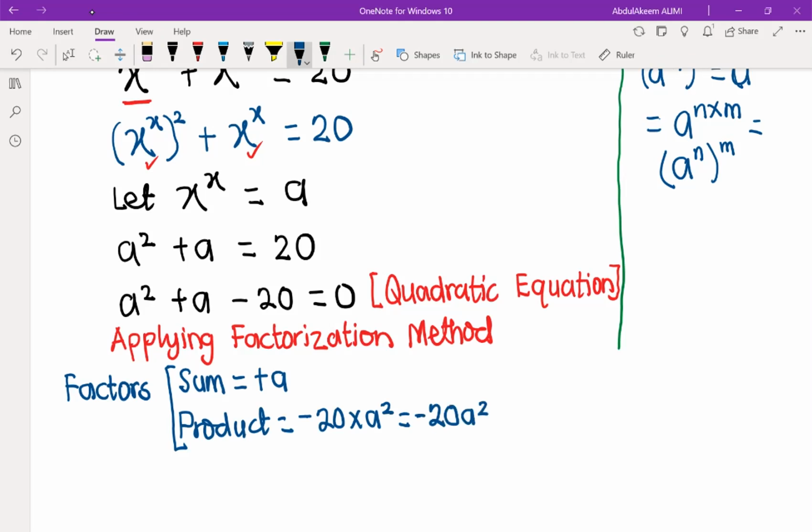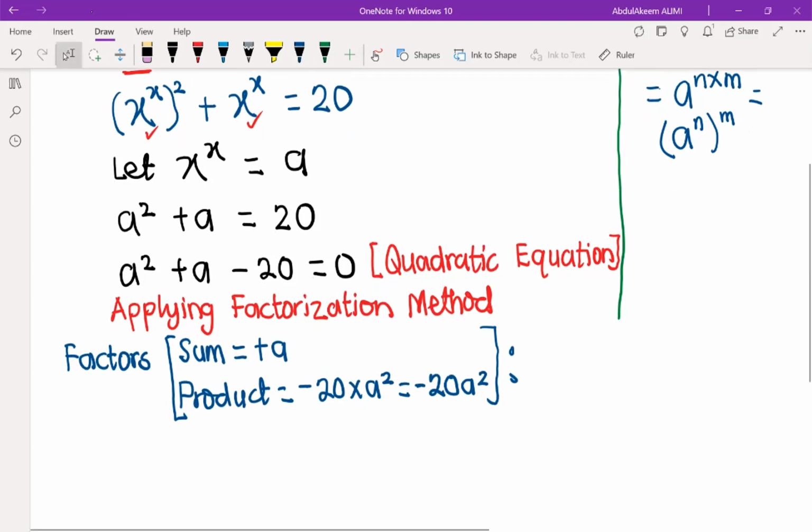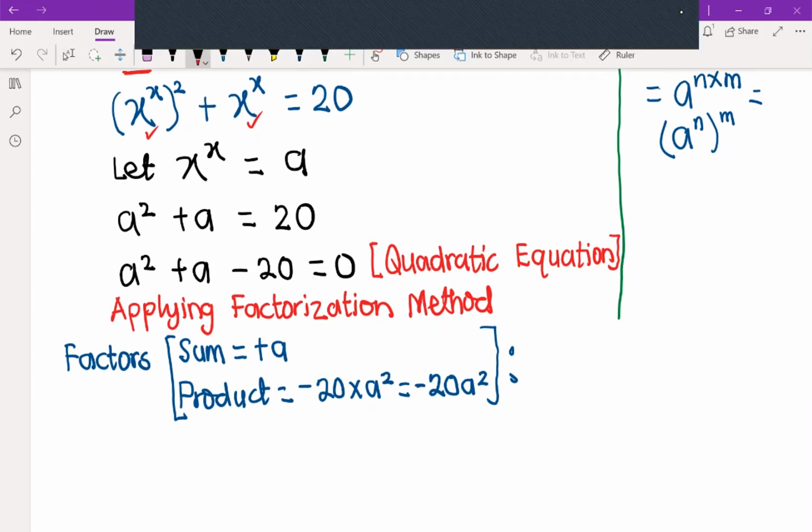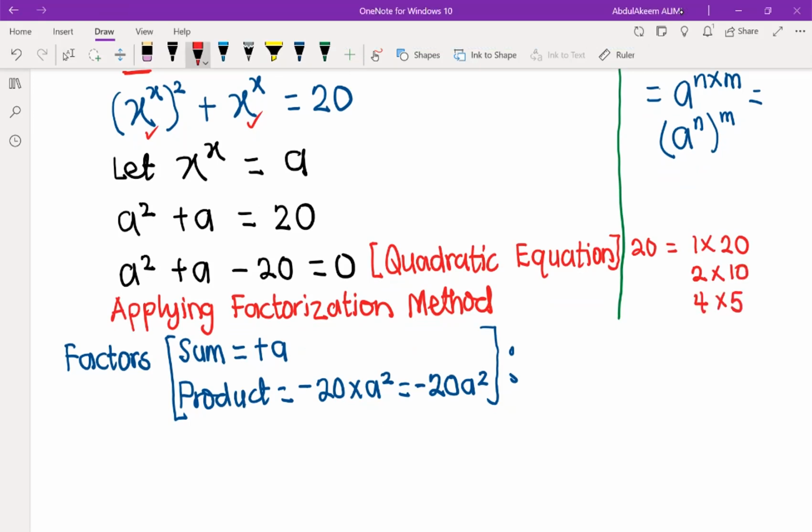So which two numbers, when I add them together, will give me plus a, and when I multiply them together will give me minus 20? Let me write out the product now. What are the factors of 20? That's 1 times 20, 2 times 10, and 4 times 5. So how do I get minus 20?